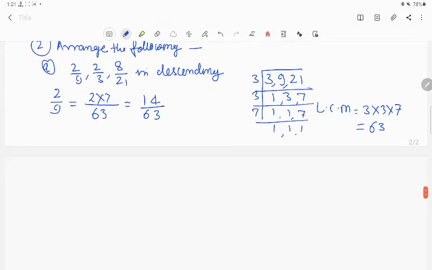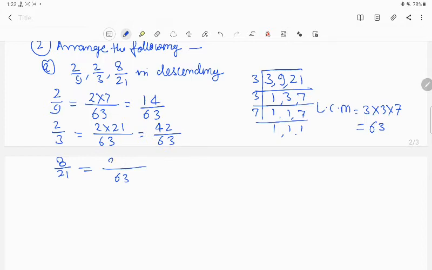And then 2 by 3, its denominator also changes to 63. 63 divided by 3, what will you get? 21. 2 into 21 is equal to 42 by 63. And last, 8 by 21, its denominator also changes to 63. 63 divided by 21, 3 coming. So 8 into 3 is equal to 24 by 63.